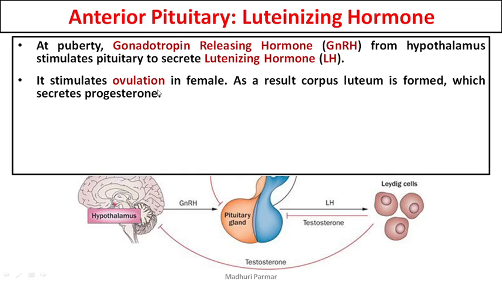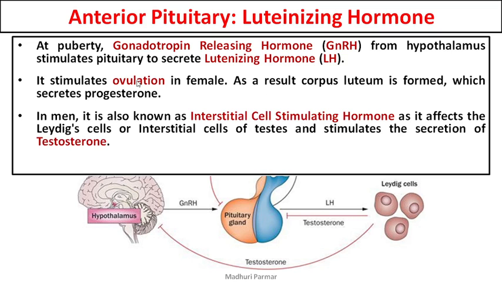Now when ovulation takes place, the ovum or the egg cell has been released. The rest of the follicle turns into corpus luteum. This corpus luteum is a group of cells which secrete progesterone. So this is how luteinizing hormone and progesterone are related. In men, it is also known as interstitial cell stimulating hormone. In men, LH is known as ICSH, interstitial cell stimulating hormone.